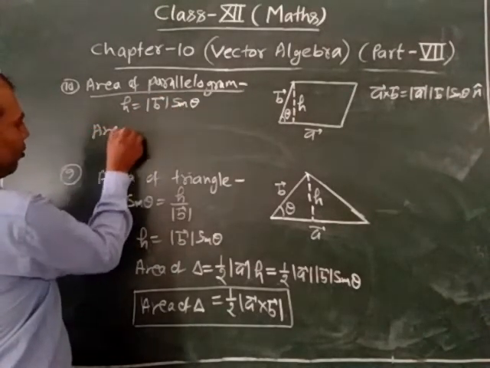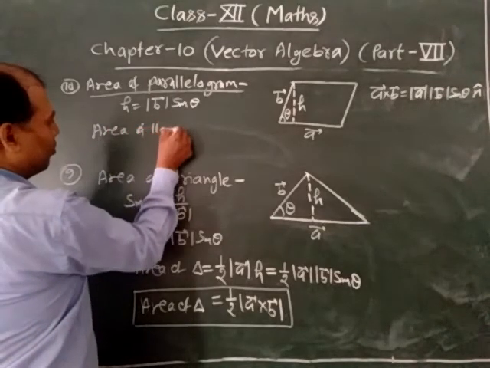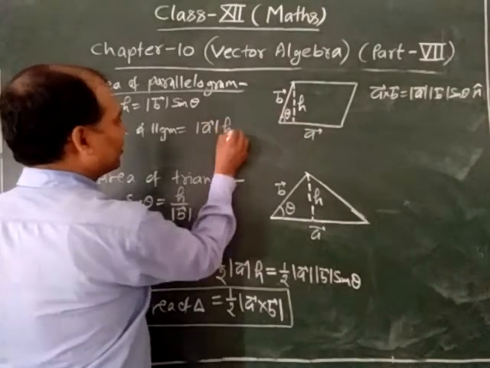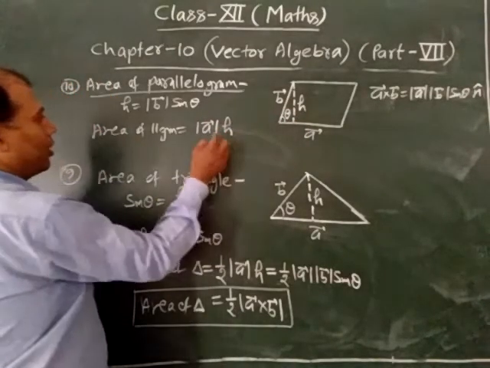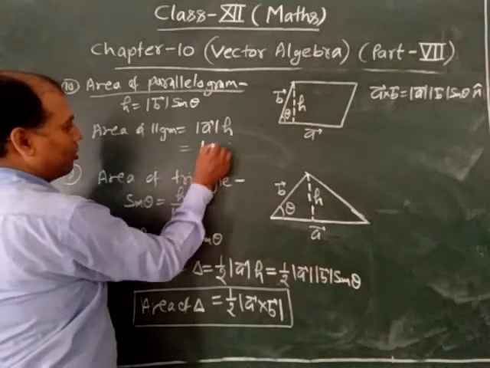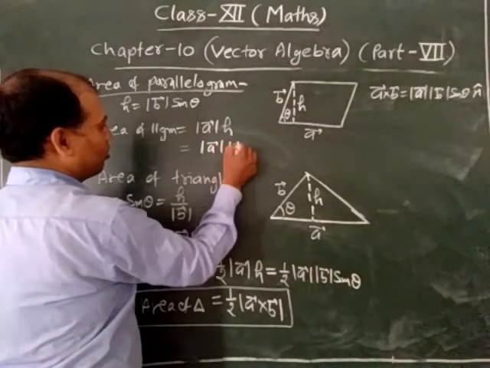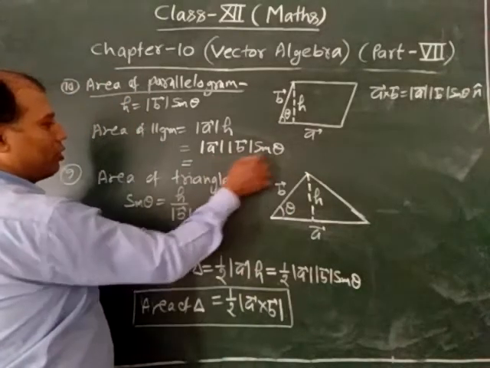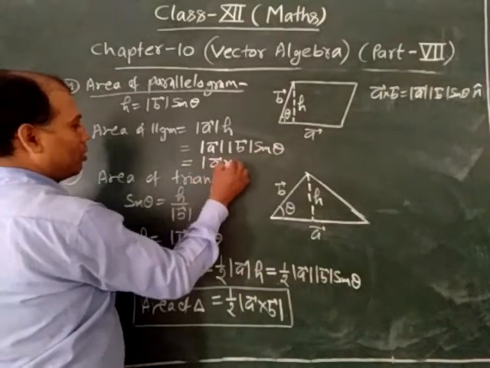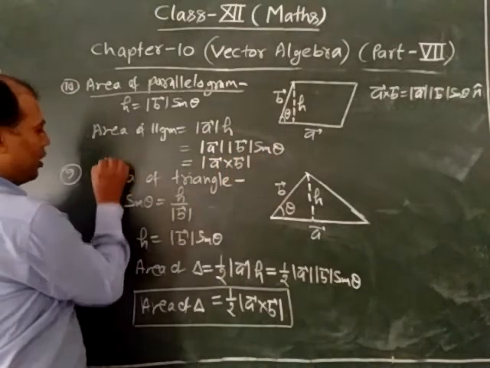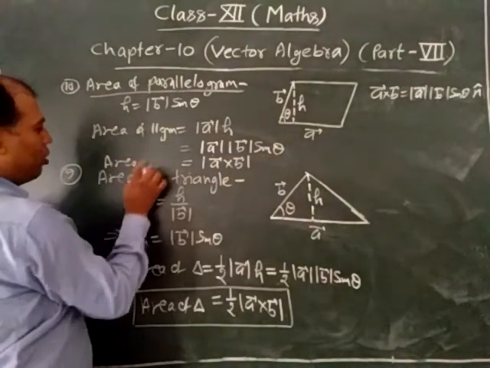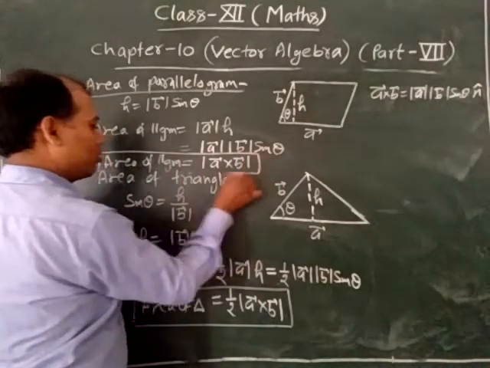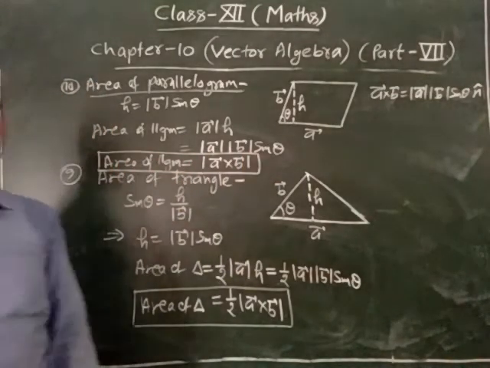Now the area of the parallelogram is equal to base into height, which is mod A into H, and the value of H is this, so we get mod A mod B sin theta, and this value is equal to the modulus of A cross B. This is the area of the parallelogram. It is clear, students?